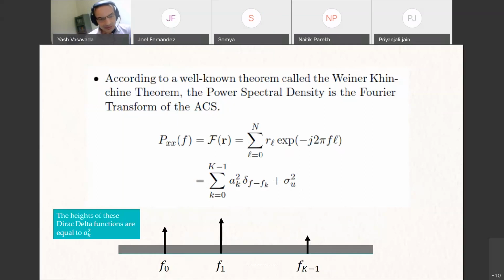Okay? So what we have done is we have proven the power spectral density of this particular signal. Remember, because it's a statistical signal, a random signal with random phases and so on, I can't just take the Fourier transform of it. The Fourier transform of a random sequence is not defined.